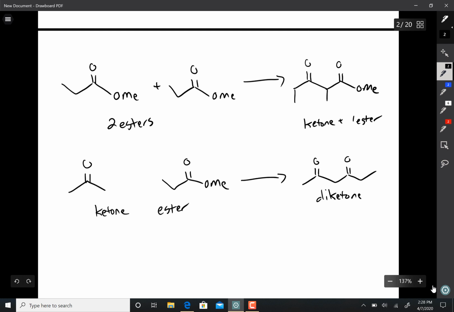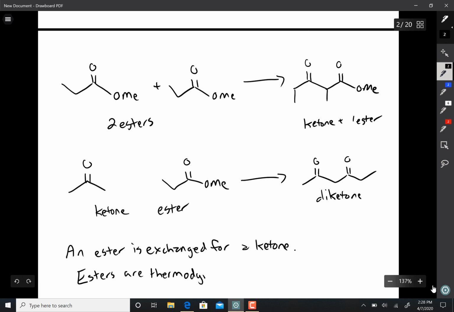In each case, an ester is exchanged for a ketone. Esters are thermodynamically more stable than ketones.